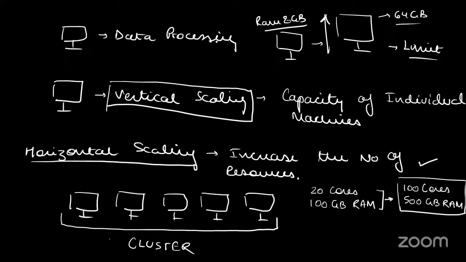If you have multiple machines and you don't have any idea how to coordinate your tasks on these machines, what are you going to do? So that is why the processing machines became the worker nodes. We call them worker nodes.